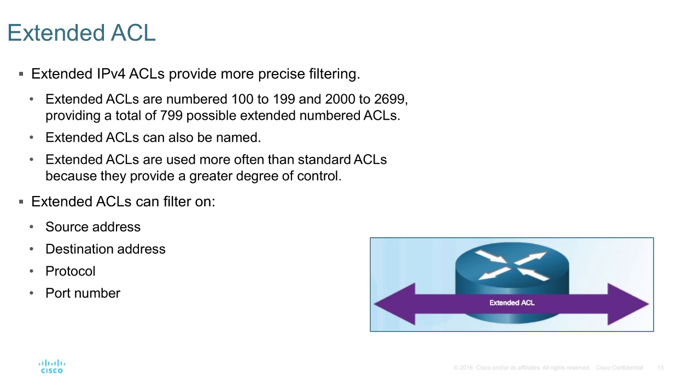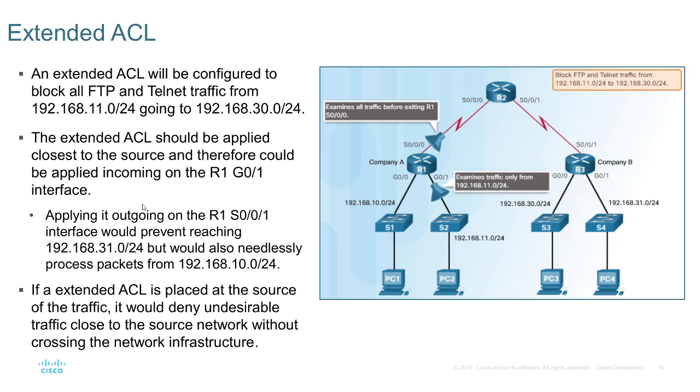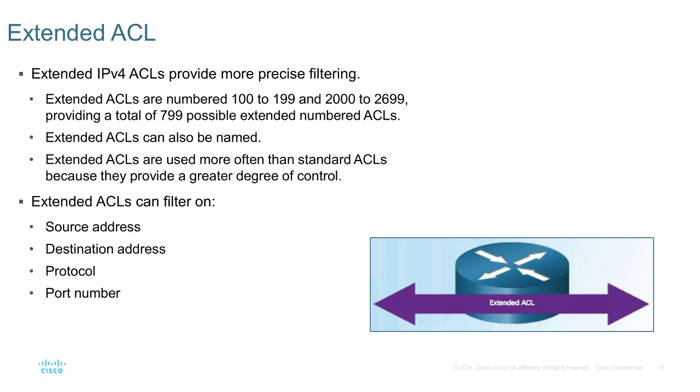Whereas with extended ACLs, we will be able to check additional things: the source address, the destination address, the protocols and the port numbers. So extended ACLs consider a lot more information compared to standard ACLs. Extended ACLs can also be numbered within given ranges, and they can also be named.